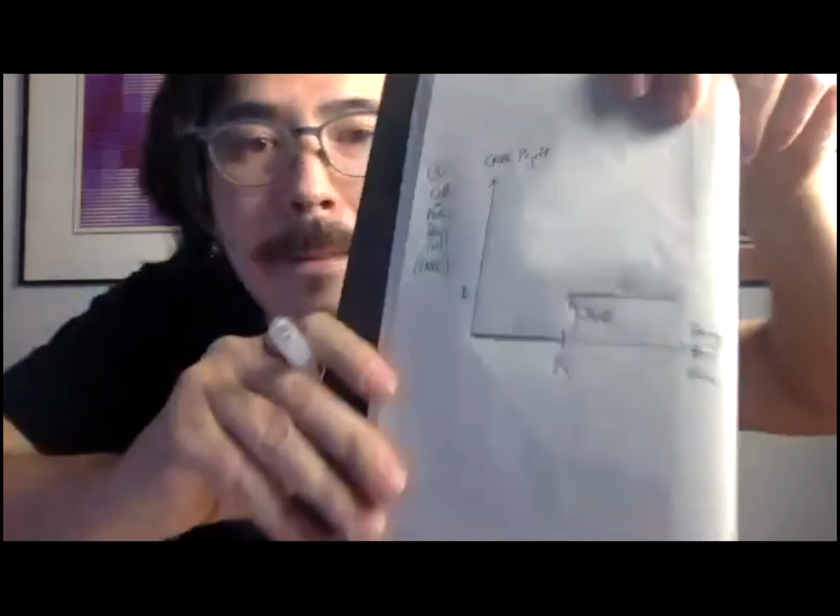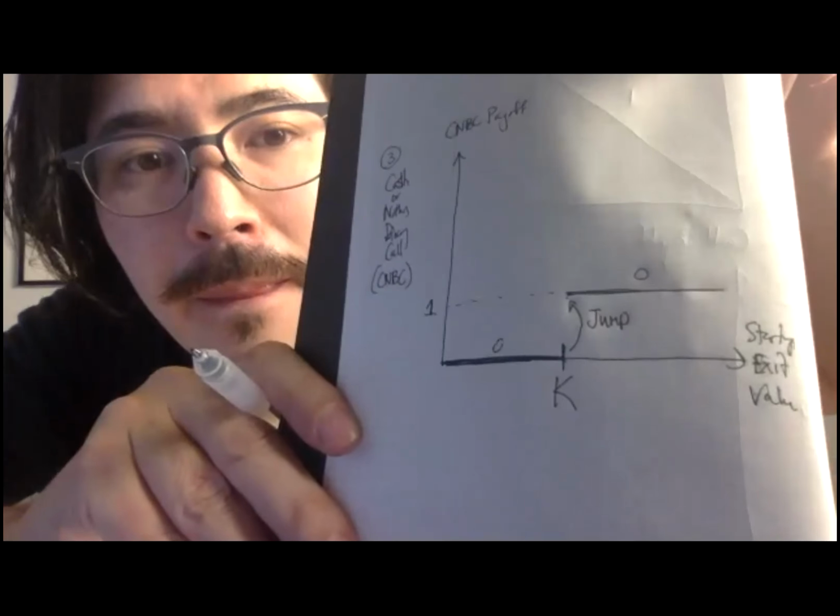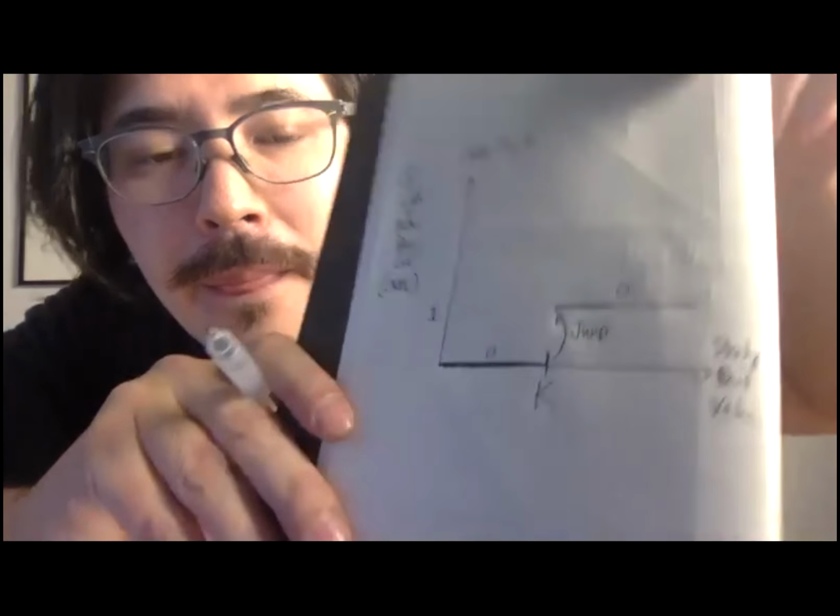The only thing a CNBC does is it creates a jump. Do folks have at least a general understanding of the securities I just introduced? This is our apple, our orange, and our cherry.